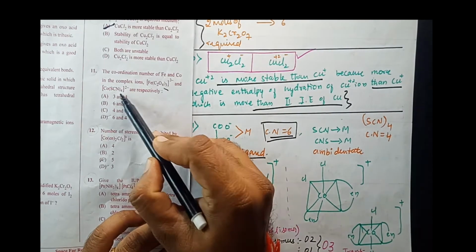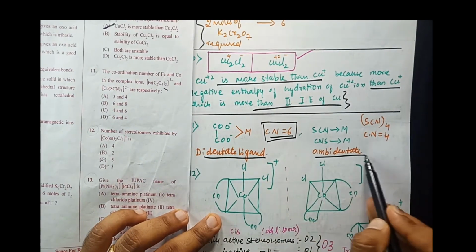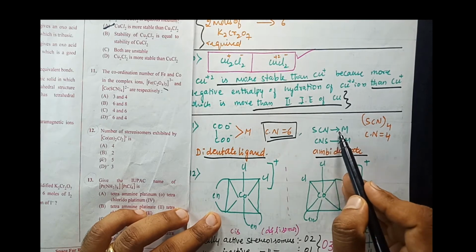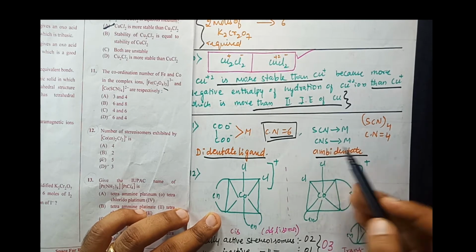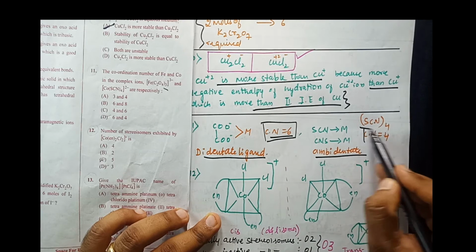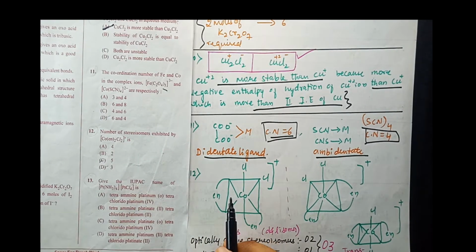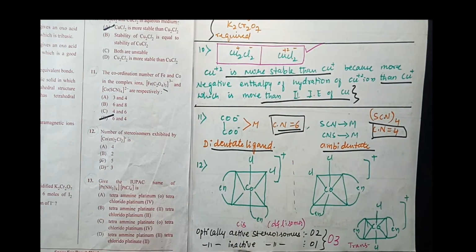Next one is SCN. SCN is an ambidentate ligand which can donate through nitrogen or through sulfur. So with SCN 4 times here, the coordination number is 4. So option D is the right answer.